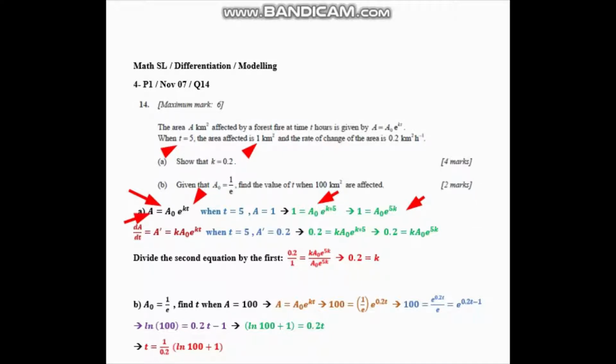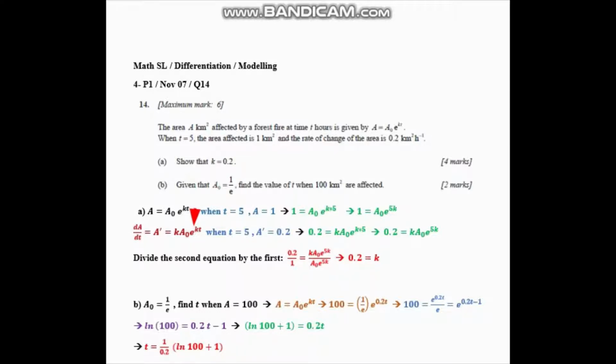Next, I use the second piece of information that I'm given, which is that when t equals 5, the rate of change of the area is 0.2. So first I need to find the rate of change of the area, which is dA by dt, or A dash, which I obtain by differentiating the black function to get the dark red function right there.